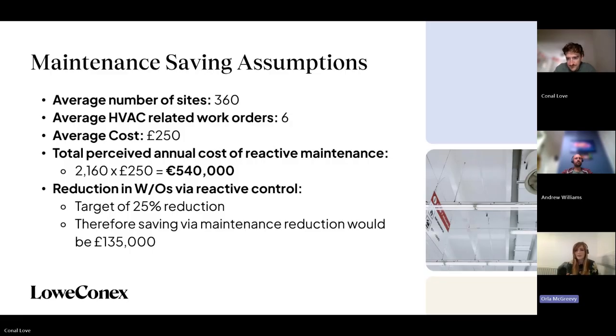It's about being able to benchmark those assets peer on peer and start to remove a lot of those unnecessary and wasted visits. So again, really quick to be able to look at what that target reduction is. Bringing that back to your average cost and average amount of work orders from a HVAC perspective across the estate gives us a maintenance reduction of about 135k on top of the energy saving.